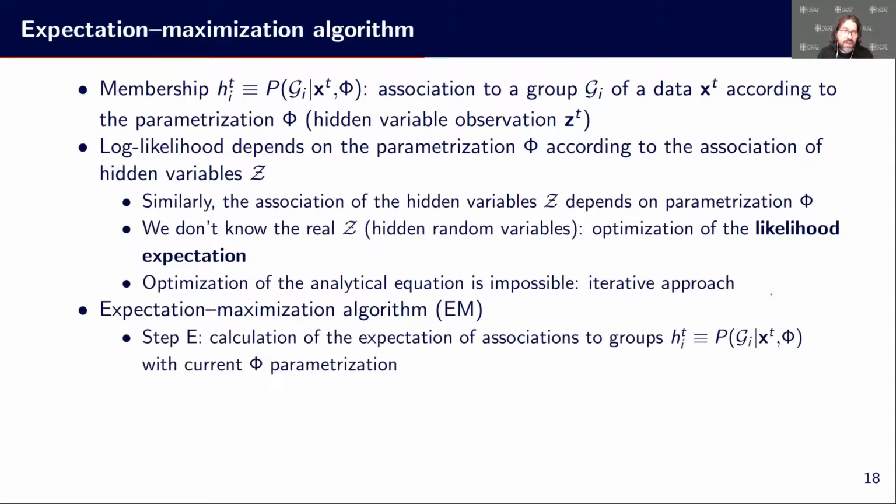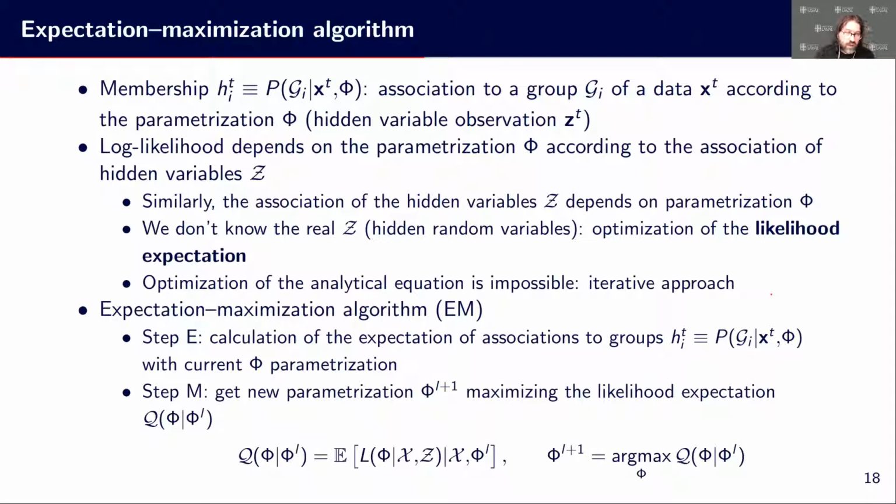And so we have a step E, the expectation step. It means to calculate the expectation of associating a group h_it, the expectation of association to a group according to the current parameterization. And likewise, in the step M, we get the new parameterization for the next step, so parameterization at l+1, maximizing the likelihood expectation Q here.